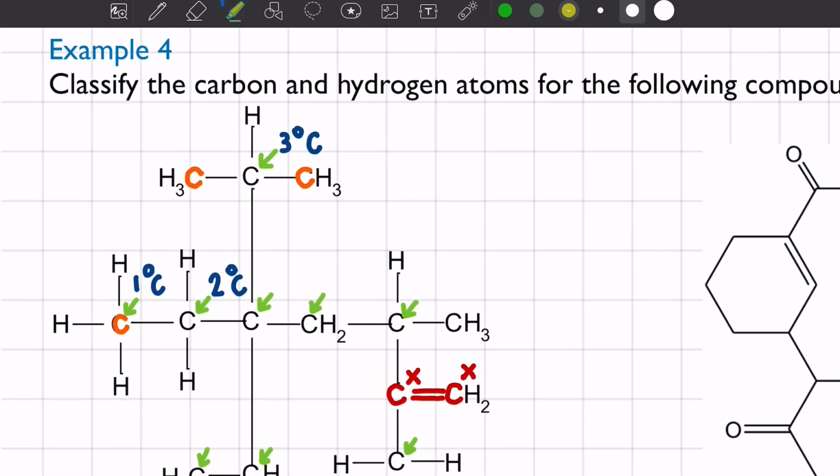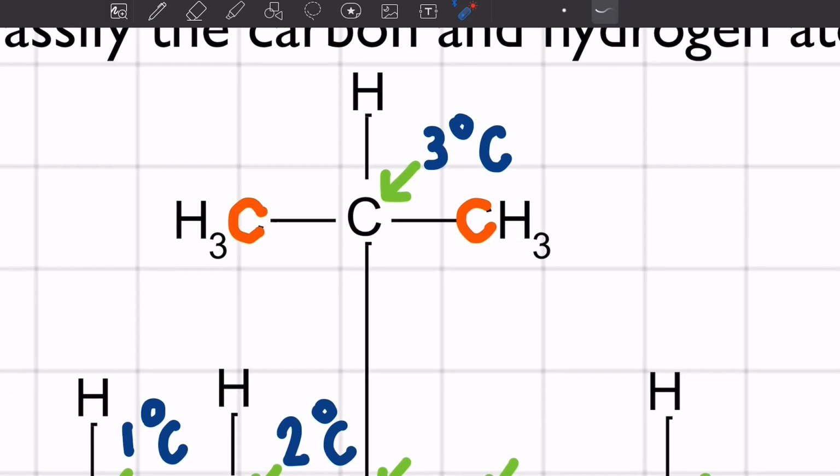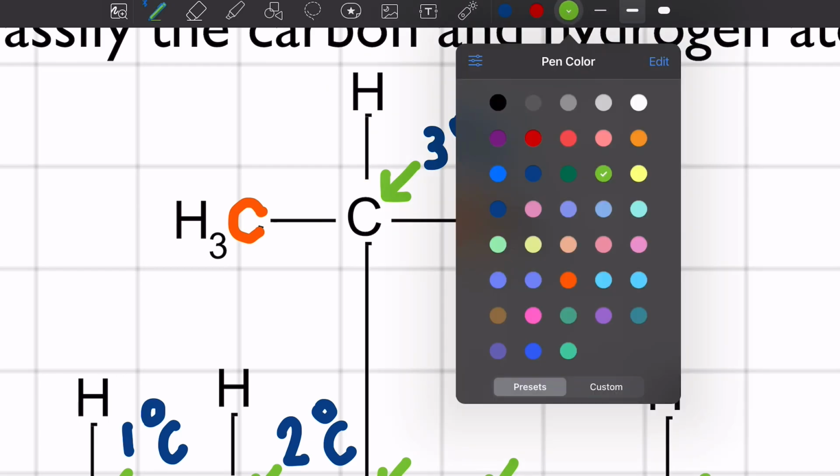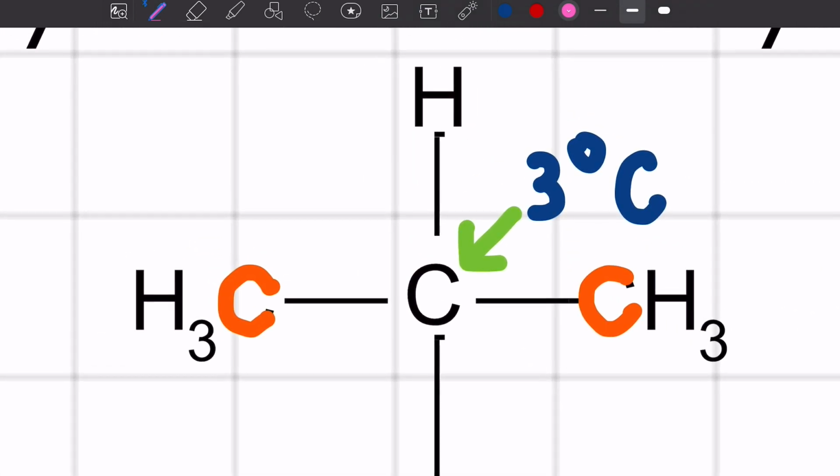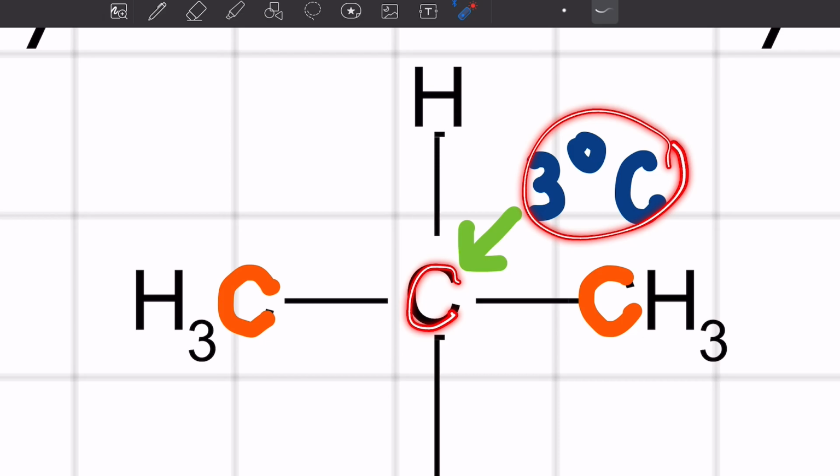Okey. Maksud penyataan tadi adalah hydrogen ni akan follow carbon. So sebagai contoh, okay, let me find the warna lain lah. Macam contoh, this carbon is tertiary kan? Kenapa?